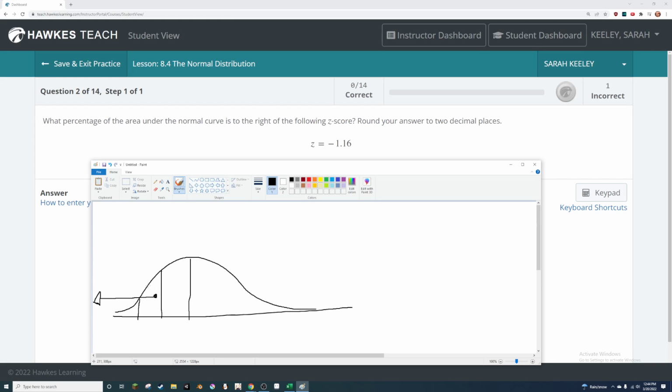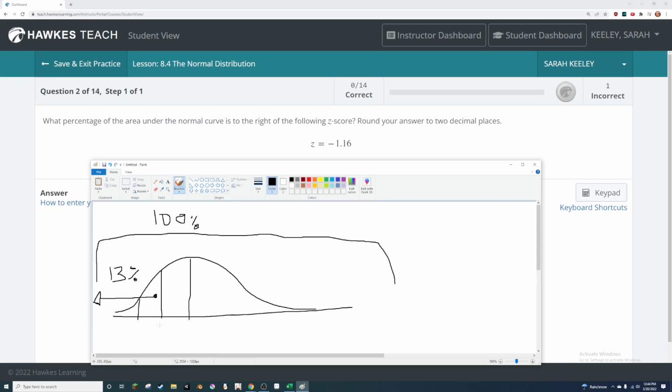So if you want to the right instead, what you're going to have to do is, so we know a whole graph is 100% of our data, right? Because it holds all of our data.